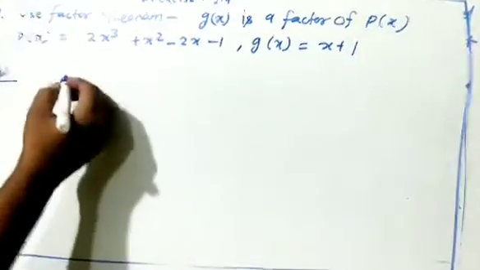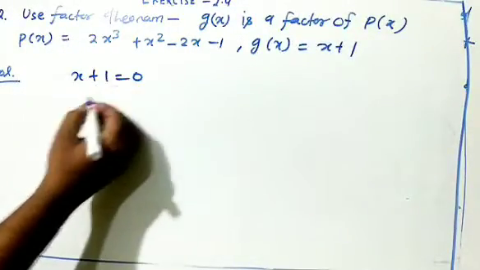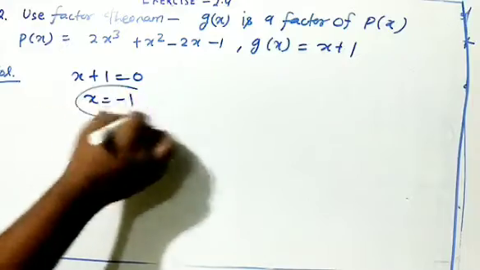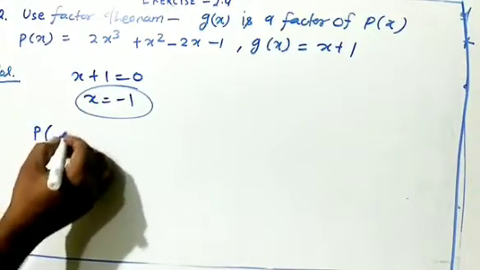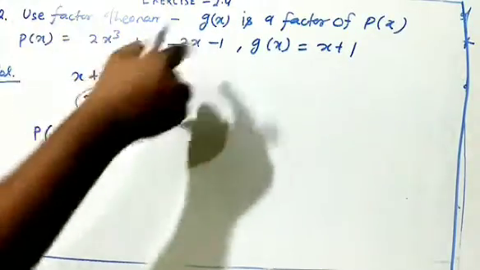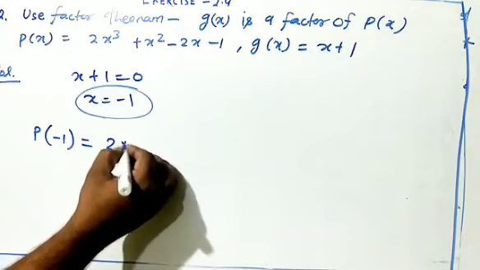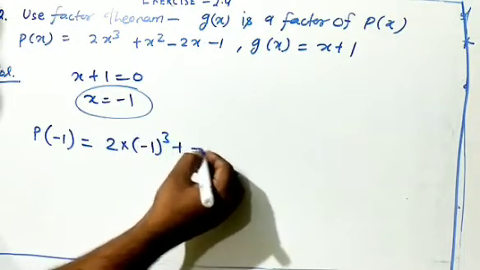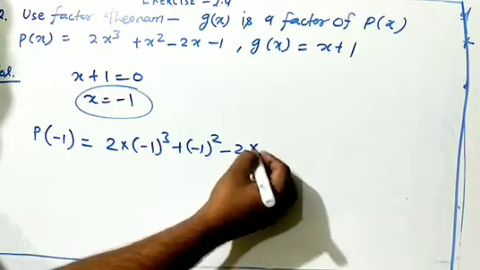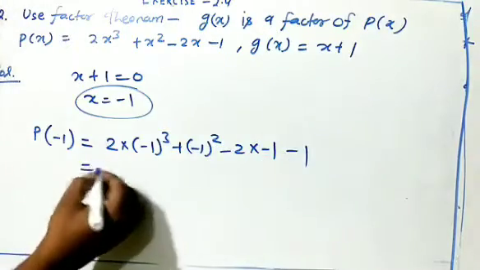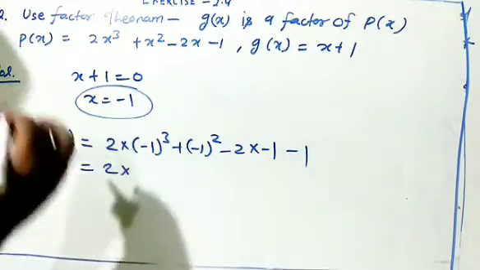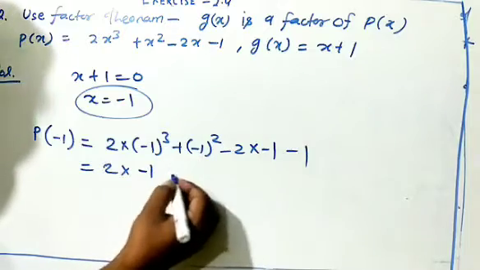So first of all we find the zero. x plus 1 equal to 0. The value of x will be minus 1. So we will find p of minus 1. Put minus 1 in place of x. 2 multiplied by minus 1 whole cube plus minus 1 whole square minus 2 multiplied by minus 1 minus 1. The cube of minus 1 will be minus 1, so that is minus 2. This is plus 1.